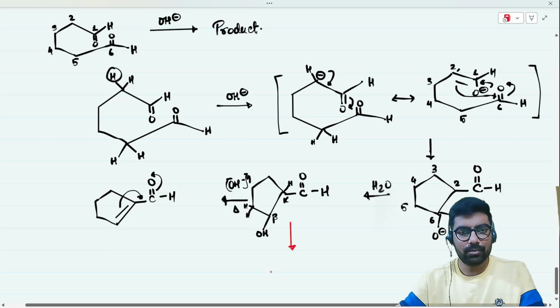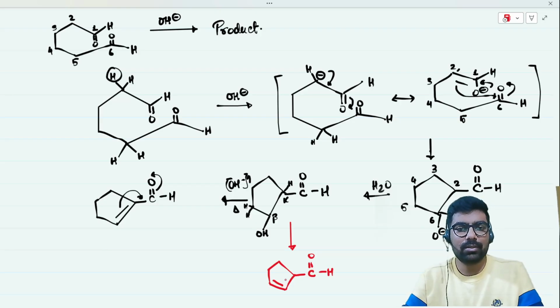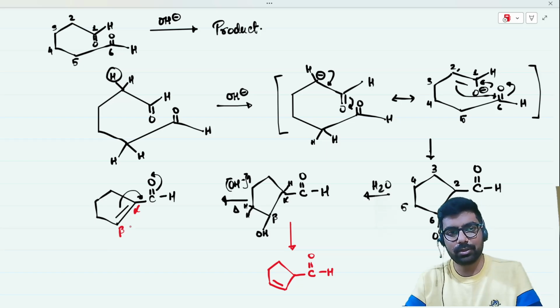If a double bond comes over here, C double bond OH, there is no benefit in it because this double bond is not stabilized by anything. There will be a double bond, but no stabilization will come. So the stabilization will always come when the double bond is in between the alpha and the beta position.